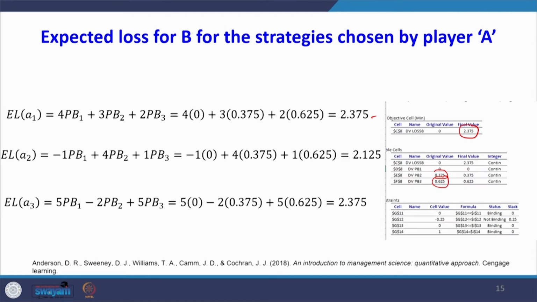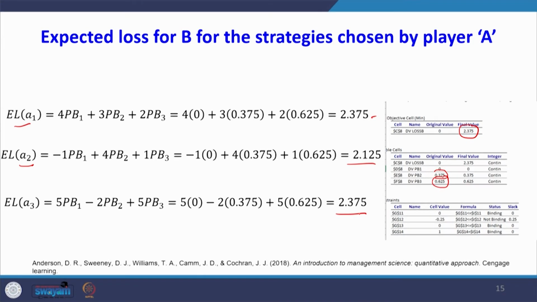The expected loss for player B if A plays the A1 strategy is 2.375. Expected loss for B if A chooses A2 is 2.125. Similarly, the expected loss for B if player A plays A3.